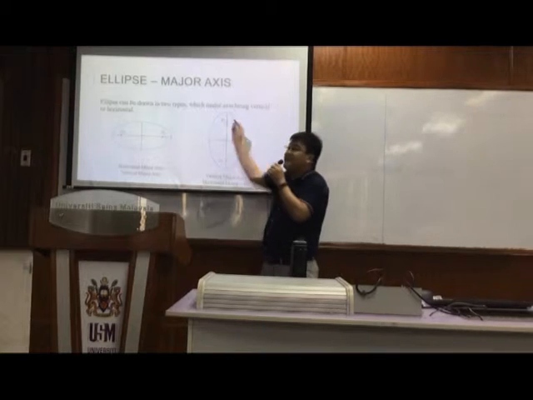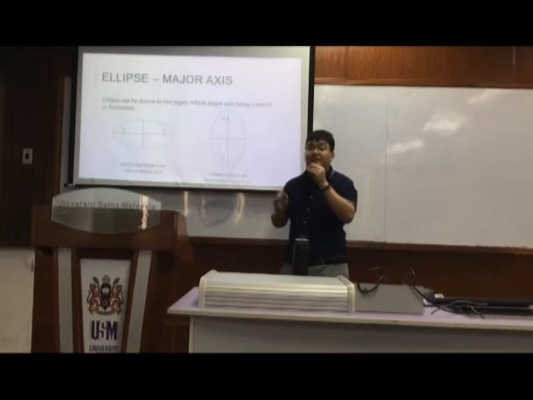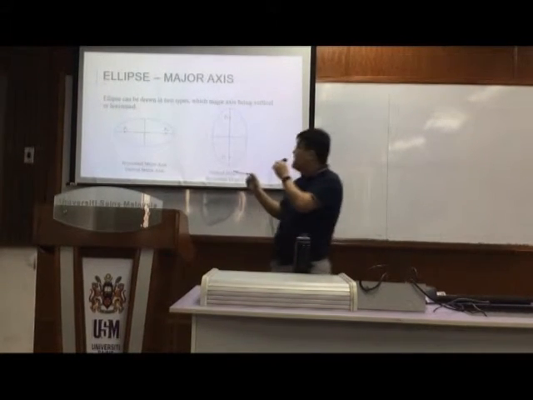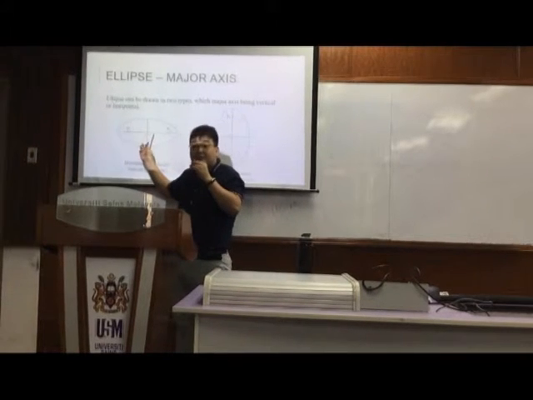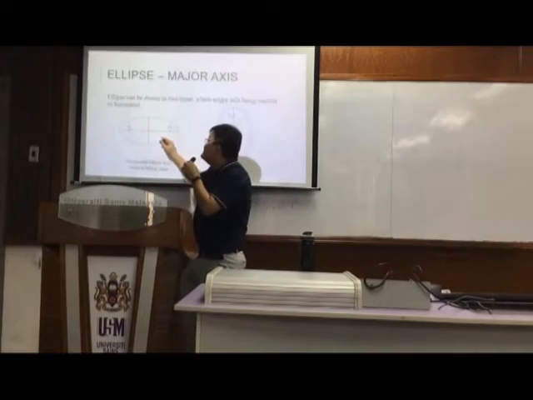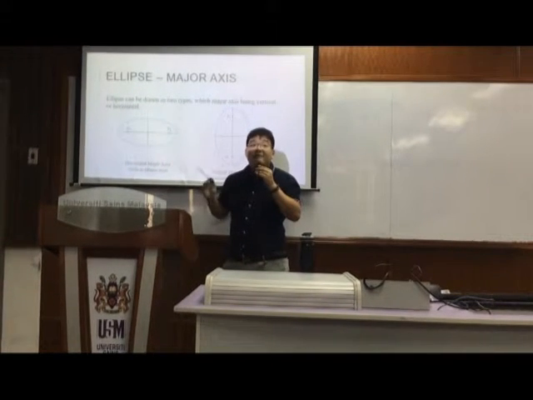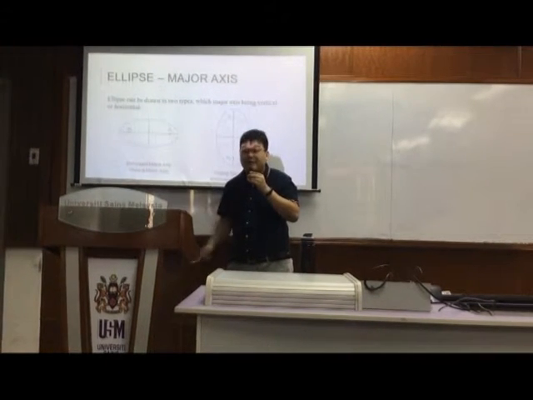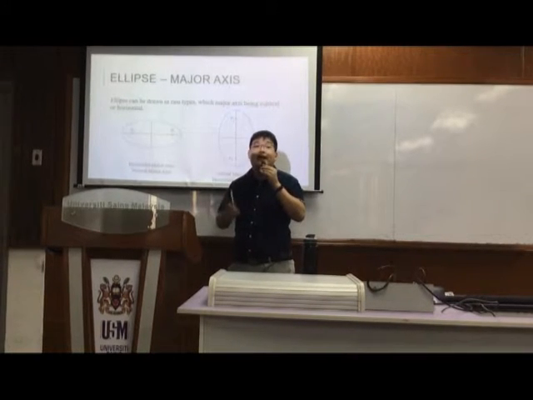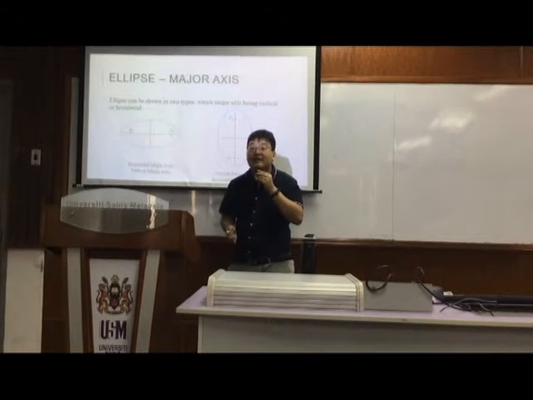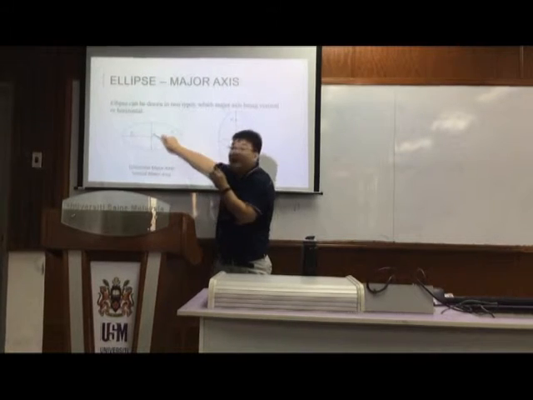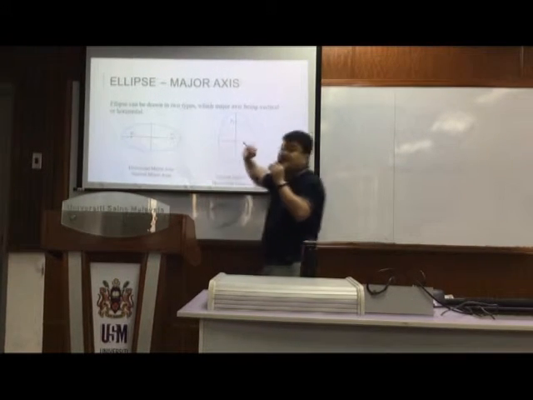Okay, since we have a major axis, we also have a minor axis. This minor axis is perpendicular to the major axis. For example, just now we know that this is the major axis, right? The line perpendicular to the major axis that also separates the ellipse symmetrically is this line, and this line is called the minor axis.